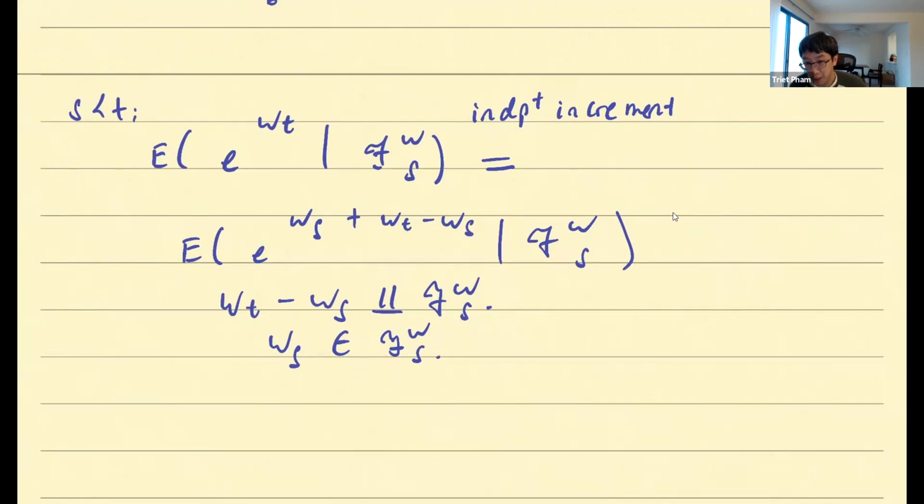I mean, the notation even suggests itself. This is the whole history up to time S. Definitely W_S is observed, right? Is it okay? So in other words, what you can do here is you can bring out the e to W_S because it's a constant as far as this conditional expectation is concerned.